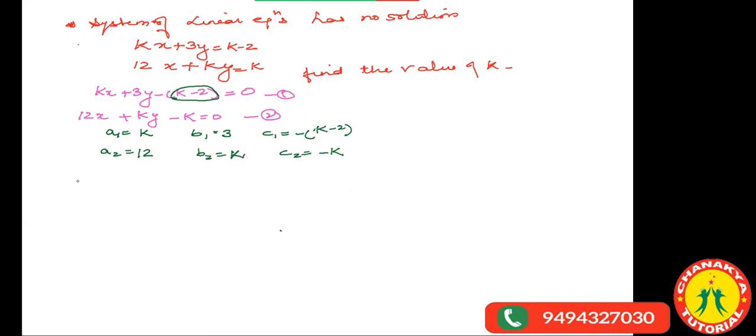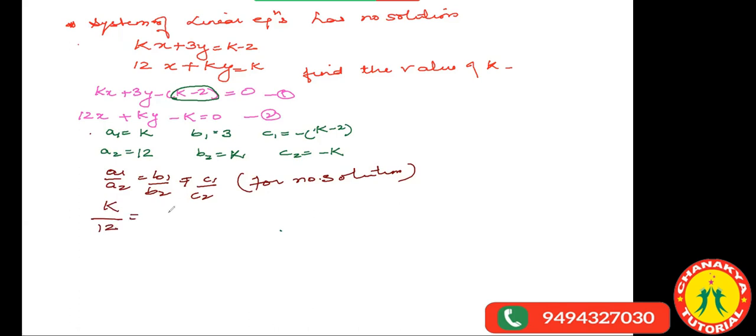Sudhamshu, tell me the condition for linear equations to have no solution. A1 by A2 is equal to B1 by B2 is not equal to C1 by C2. Yes. And this condition is for no solution, right? So now put the values of A1, B1, C1 and A2, B2, C2. So k upon 12 is equal to 3 upon k, not equal to minus (k minus 2) upon minus k.